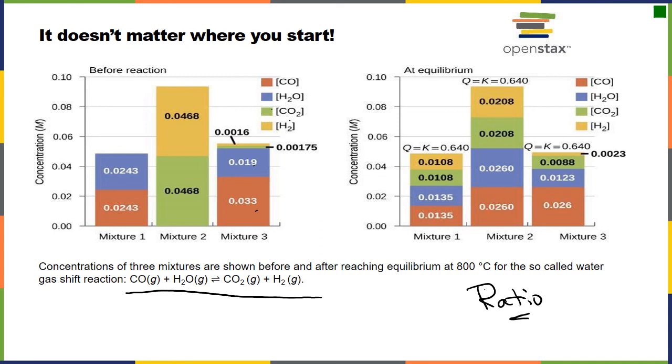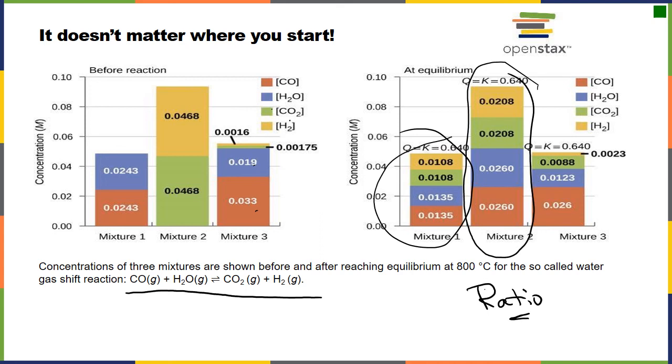So clearly, if I start out with smaller amounts of the CO and H2O, in this case mixture number 1, I'm not going to make as much stuff as I do in mixture number 2, but the value of the products over the reactants at equilibrium is going to be the same. It is going to react until I get 0.640 to 1, no matter where the starting point is.